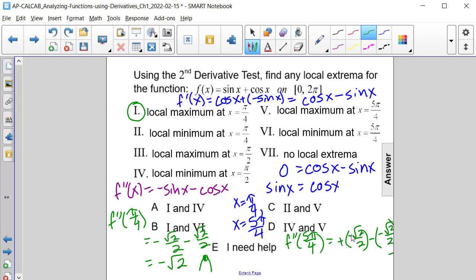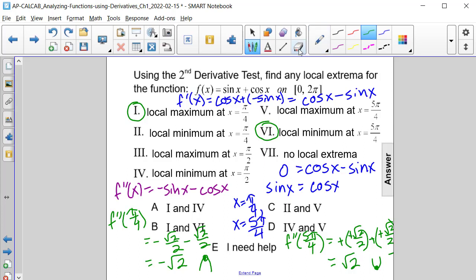Two negatives make a positive in each case, so we actually have root 2 over 2 plus root 2 over 2, which is just positive root 2. Because this is positive, that means it is concave up, and we have a local minimum. So the local minimum is occurring at 5 pi over 4. That's Roman numeral number 6.